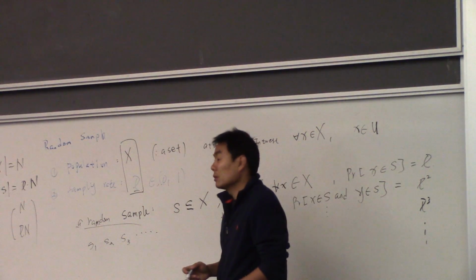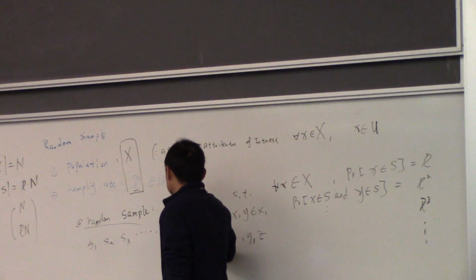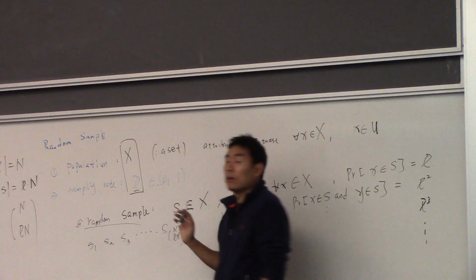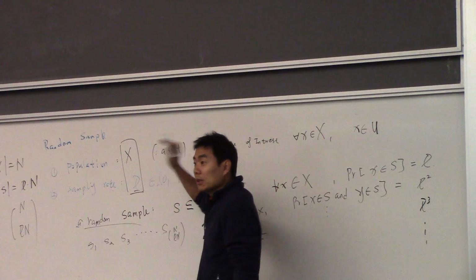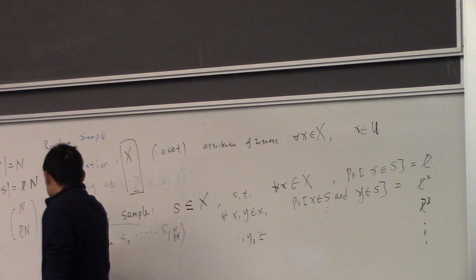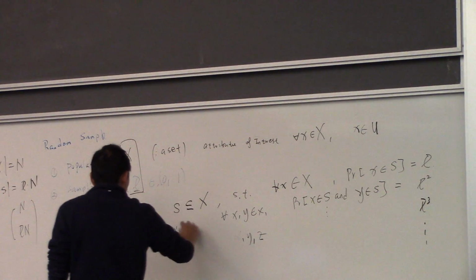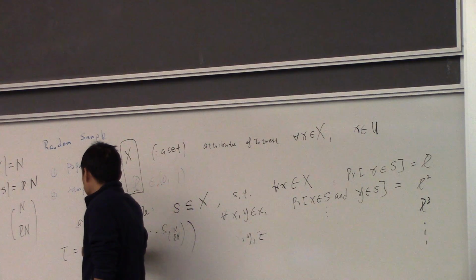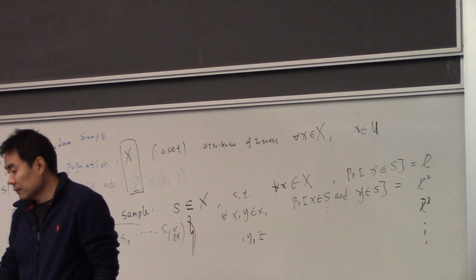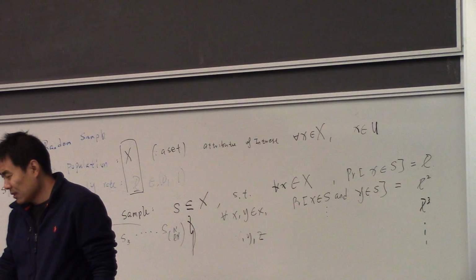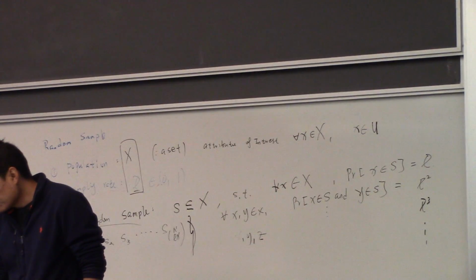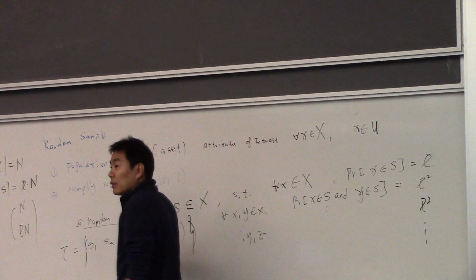Does that make sense? You may have this many different random samples that satisfy this condition. You follow me? And that's essentially the set tau in our problem setup.